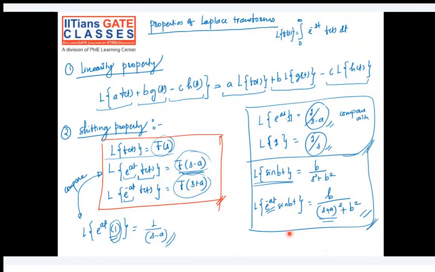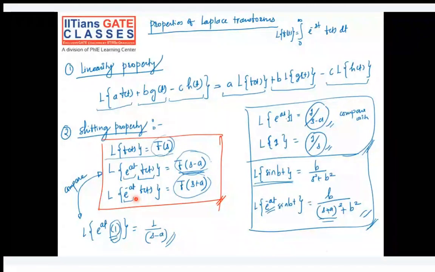So ultimately what I am trying to explain here is, if an exponential function is multiplied with f of t, in that case you don't have to worry. You just have to replace f bar of s by f bar of s minus a or s plus a. If it is e to the power at, you will have f bar of s minus a.